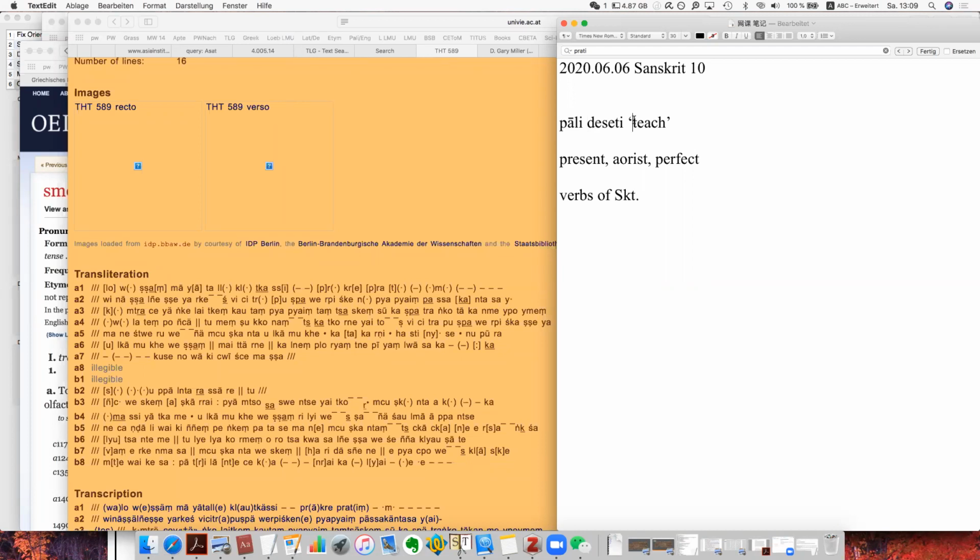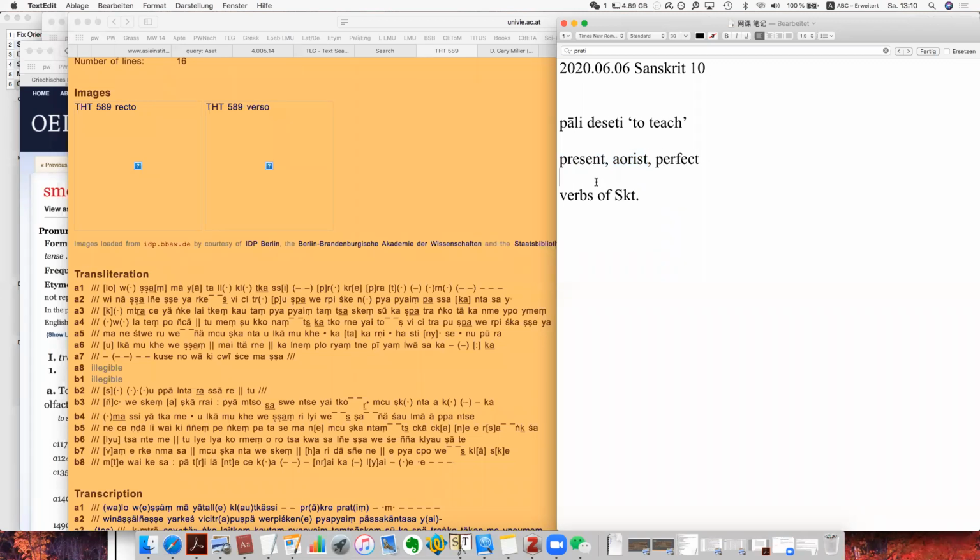It actually comes from the 10th class. Of course, I can talk more about it, but for the time being I just outline the structure of the verbal system. We talked about present, and in future classes, not today, we're going to talk about aorist and perfect.